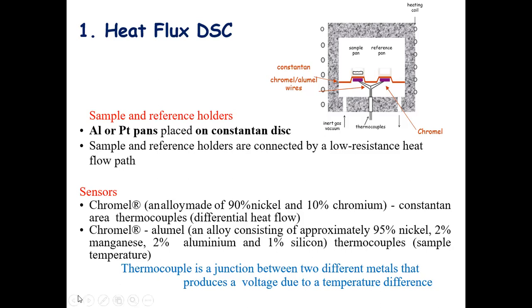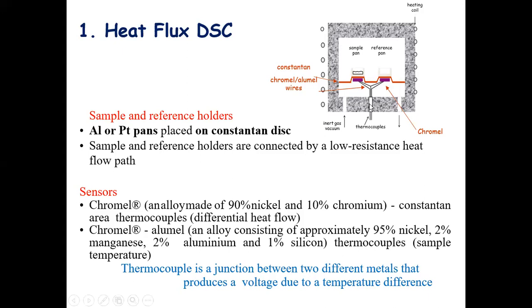Okay, thermocouples, that is the sample temperature. Both these sensors are fixed to your thermocouples. So what is this thermocouple? If you observe, this is a thermocouple. It acts as a junction between two different metals that produces a voltage related to a temperature difference.